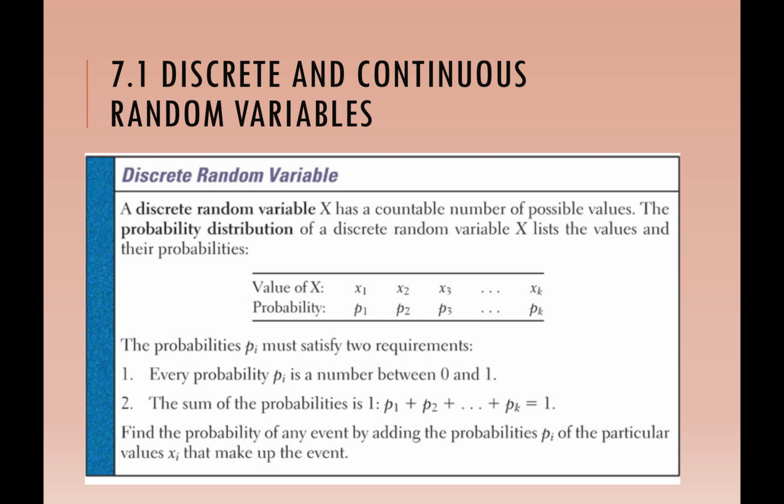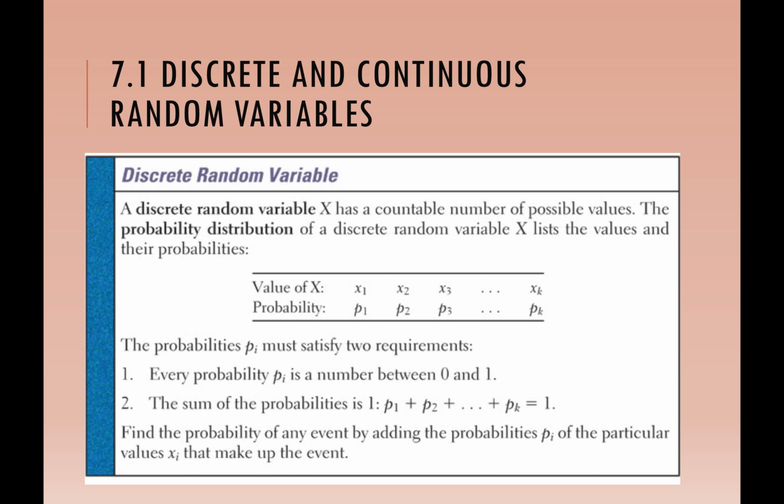So with discrete random variables, we can list that in a probability distribution table. And in this table, we can take all the values our random variable can take on and the probability of getting those values. There are two things this distribution must satisfy. The first is the probability of each random variable value occurring has to be between 0 and 1.